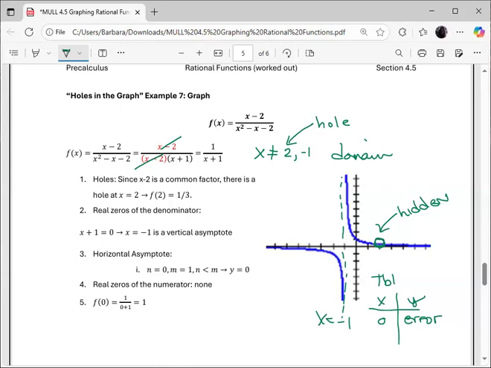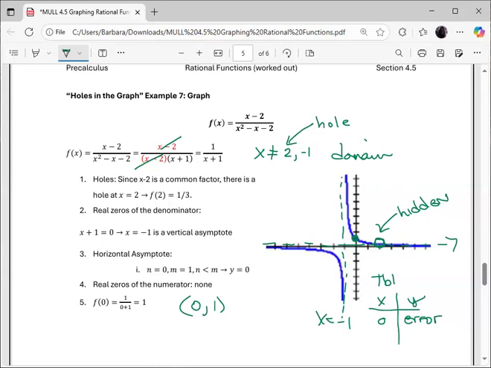Since 0 is smaller than 1, then y equals 0 is the horizontal asymptote. Okay. And then to find the y-intercept, we look for f of 0, and we calculated that as 1. So (0, 1) is on the graph right here.